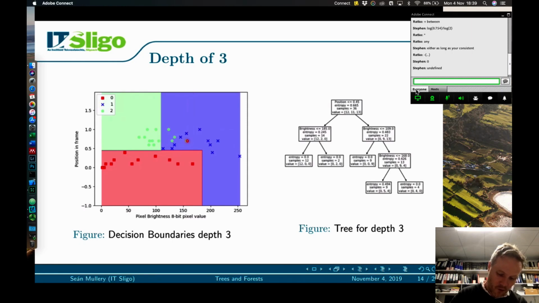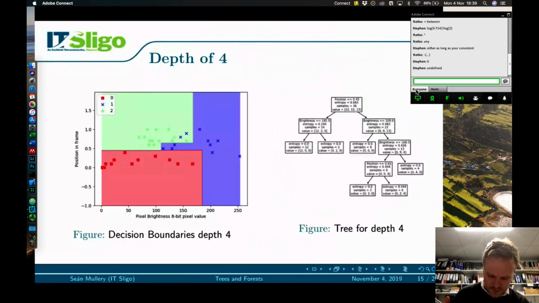So it wants to have all of the greens on that side of it, is what it's saying. So if it's smaller than or equal to 168, it's basically saying that our greens are all going to go in one direction. And if it's bigger than 168, then they're all going in the other direction. So we've got four samples there that have gone in that, 9 in the other. Okay. So I think that's what it's doing there.